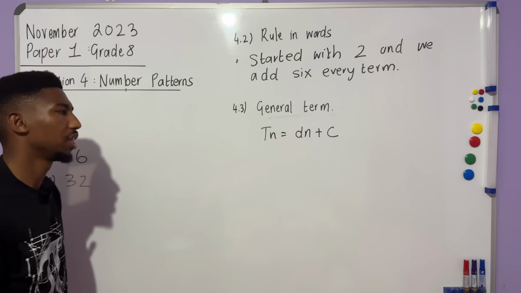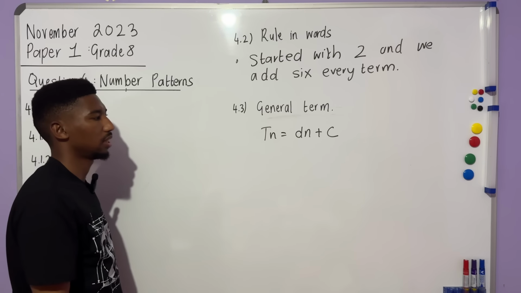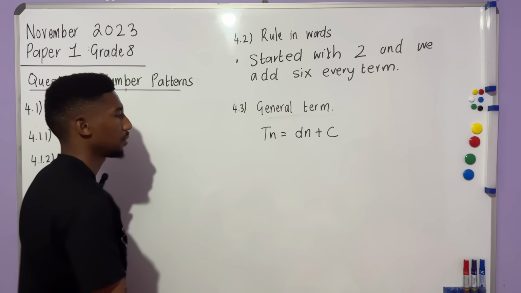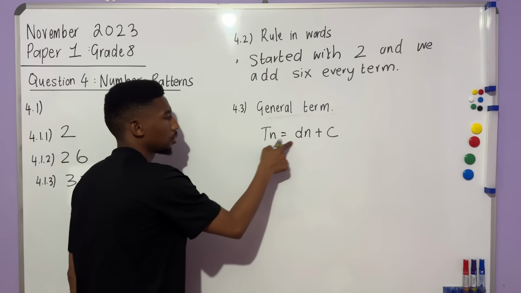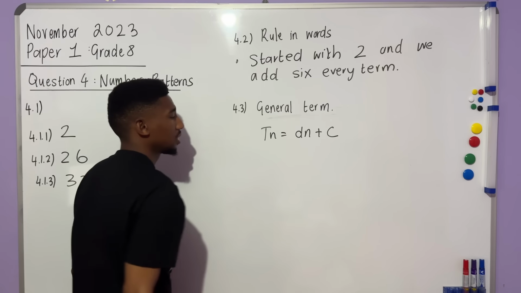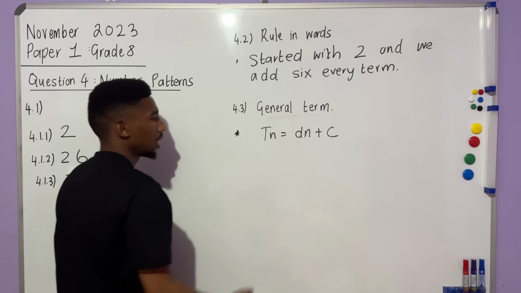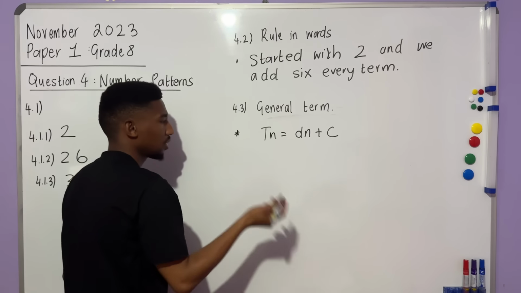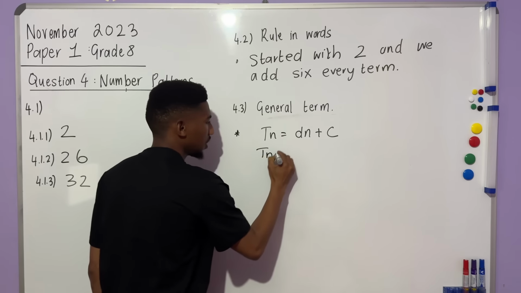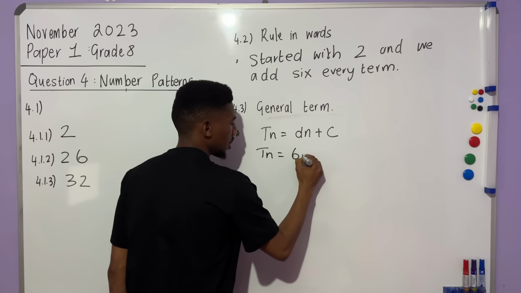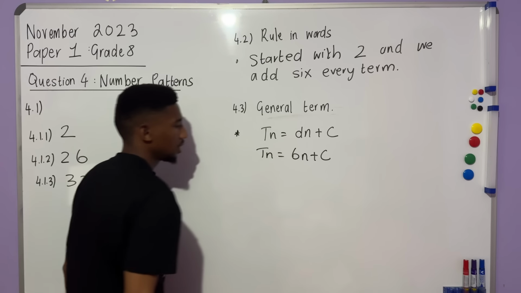For the general term, it is slightly trickier. It says Tn is equal to dn plus c. You should be familiar with this formula. D would be the difference, and the difference is plus 6. So we would have Tn equals 6n plus c.